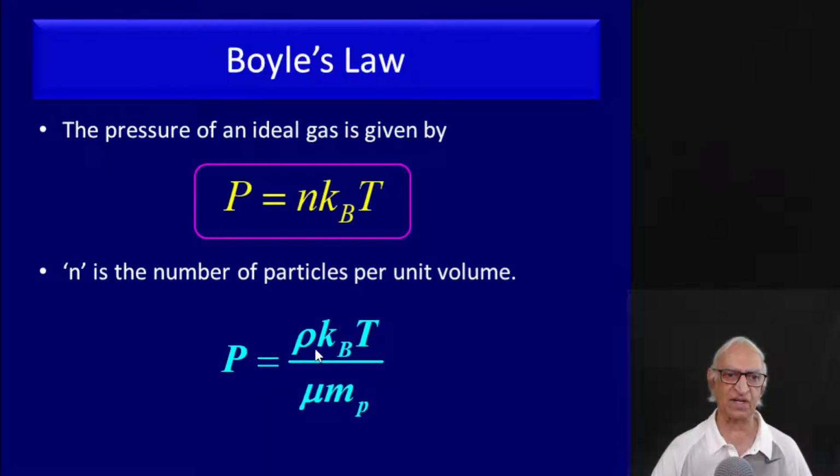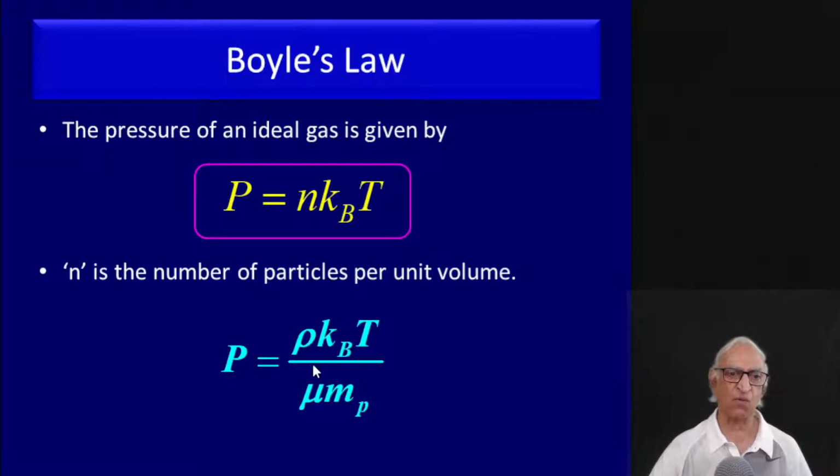The two are obviously related by mass density divided by the mass of the particle is equal to the number density. Now, in the case of Boyle's law, all particles contribute equally to the pressure because they all have the same amount of energy, 3/2 kT.